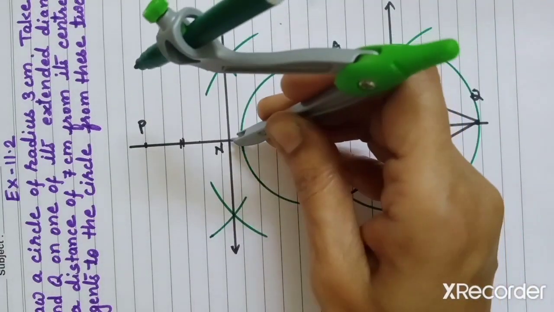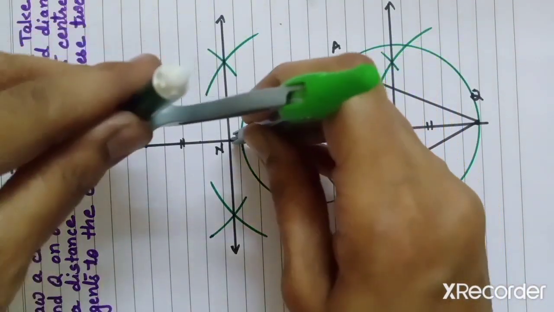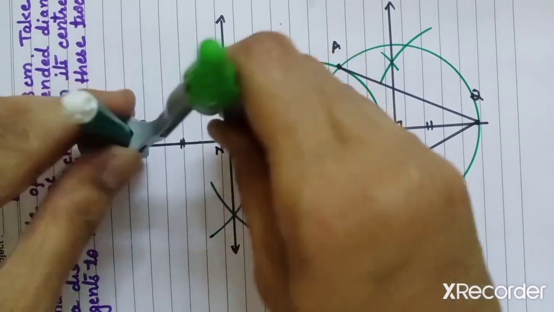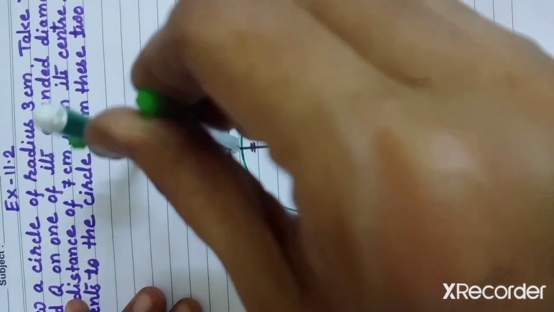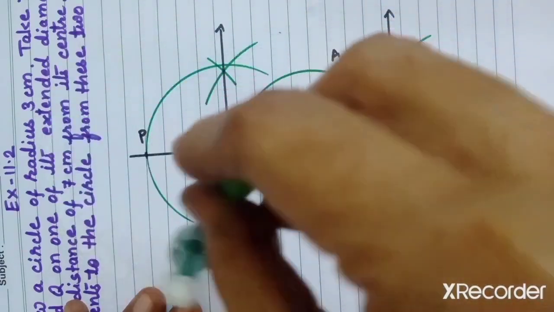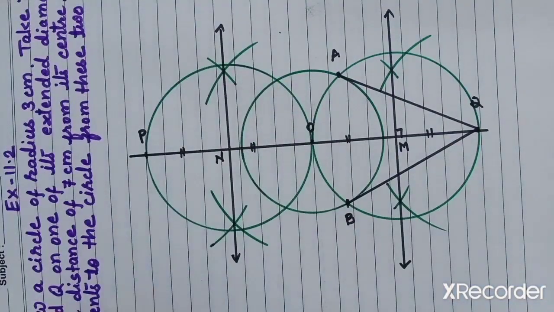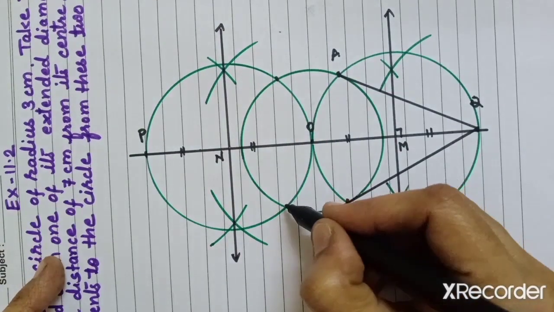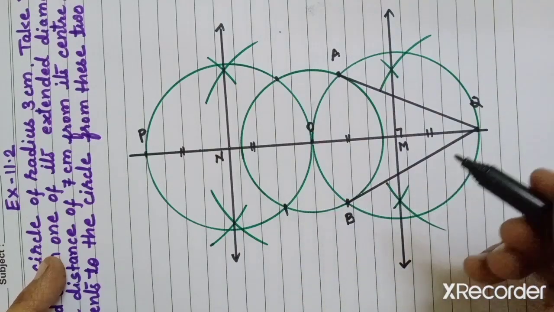Now with N as a center and PN distance as radius, PN and ON, draw a circle. Right, so this circle will intersect the previous circle in another two distinct points.